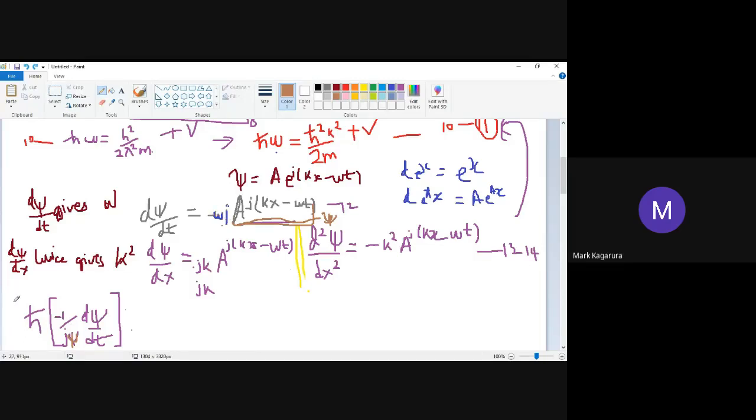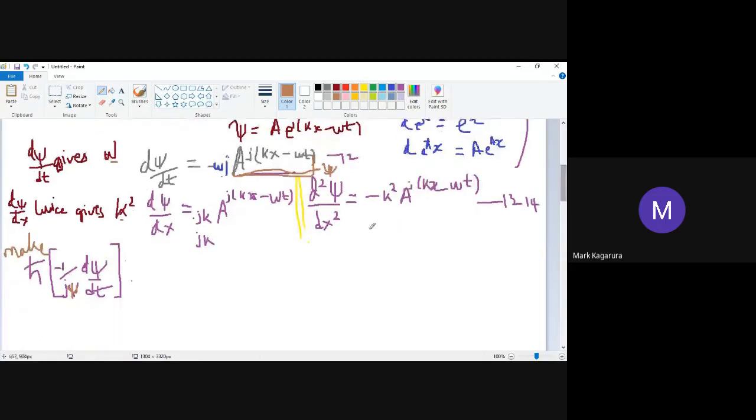This is making omega the subject. Make our omega and k the subject. So you just do that step and then substitute it there. And then we have said that this is psi.